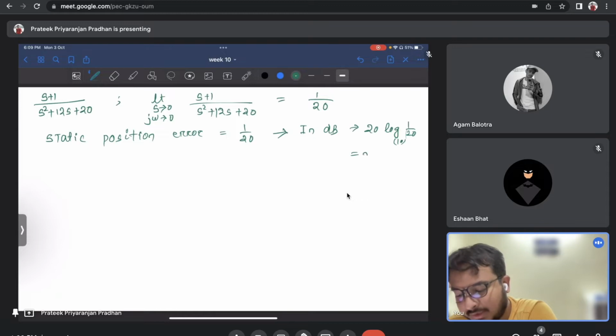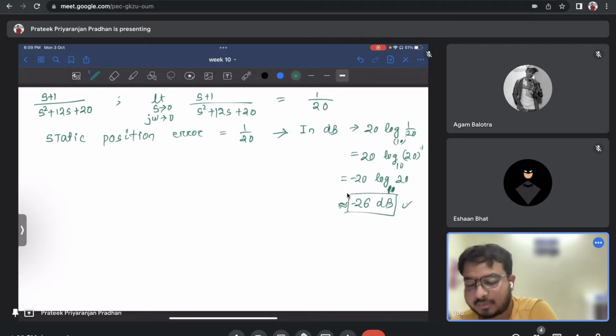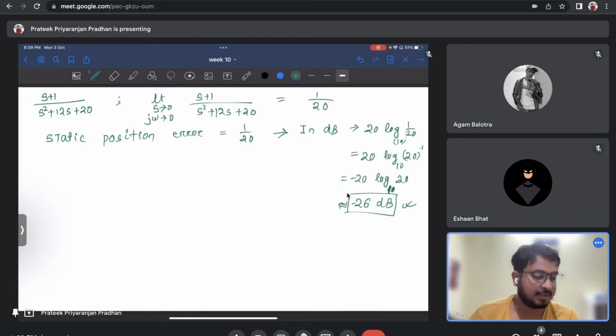I can write 20 log 20 to the power minus 1 base 10, which is minus 20 log 20 base 10. This is approximately equivalent to negative 26 dB. You can just verify this.